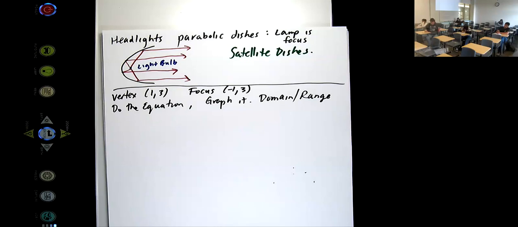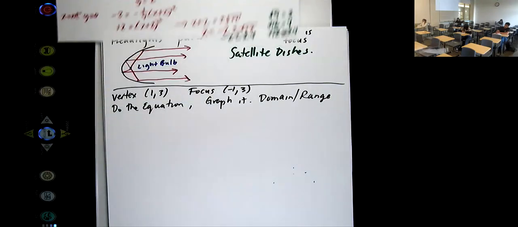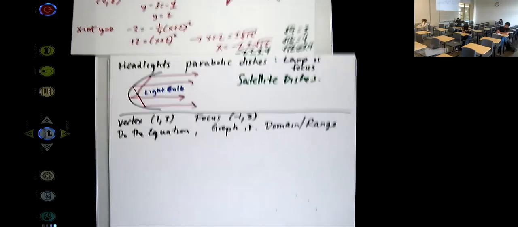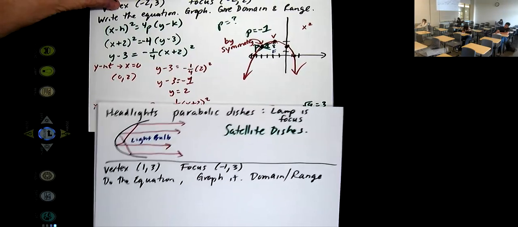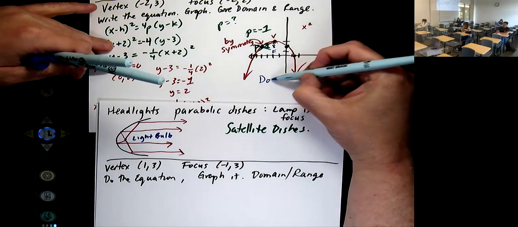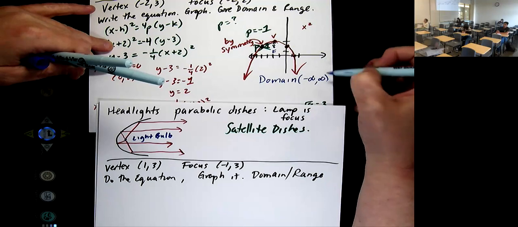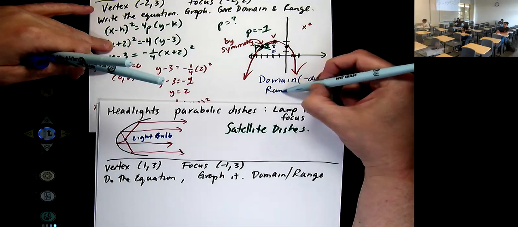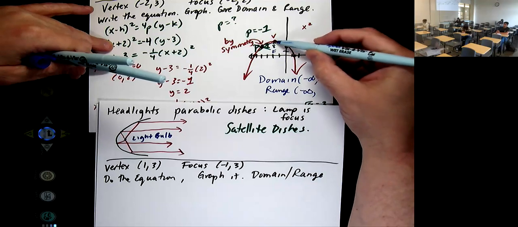Let's pull that back out. I can see from the graph, the domain is all numbers. And the range starts at -infinity and goes up to the vertex, which is at 3.